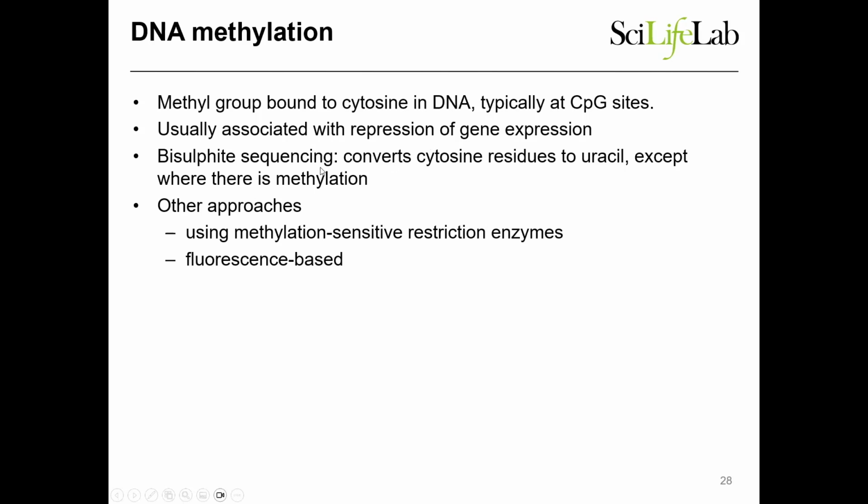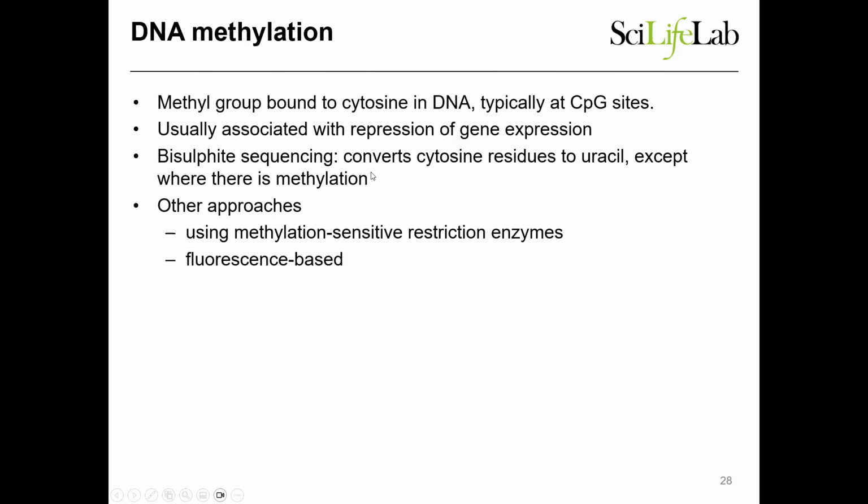The classical gold standard method to measure that is bisulfite sequencing. Here you treat your samples with bisulfite, and every C that's not methylated is converted to a uracil, which will then be read as a T. But the methylated Cs stay Cs. This is what you typically do in bulk.